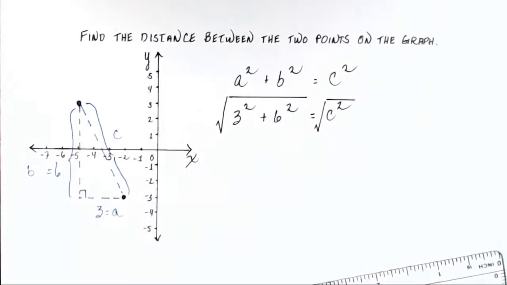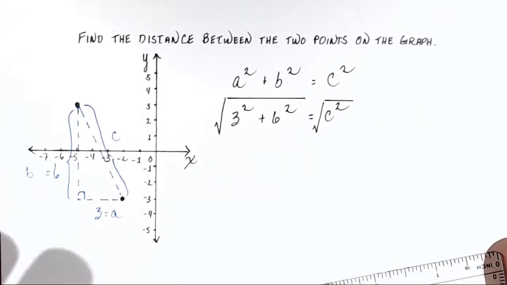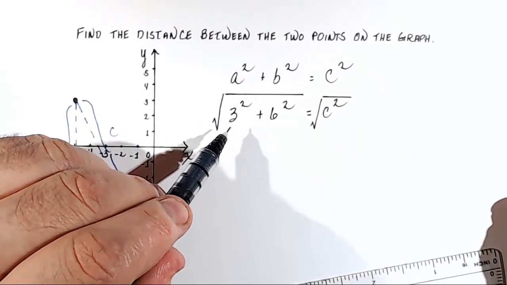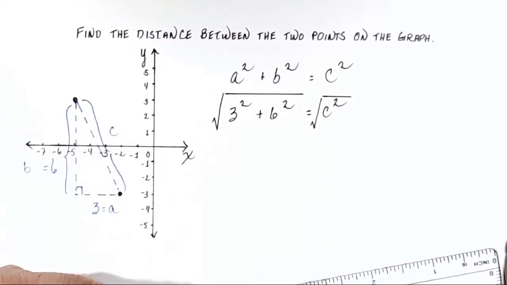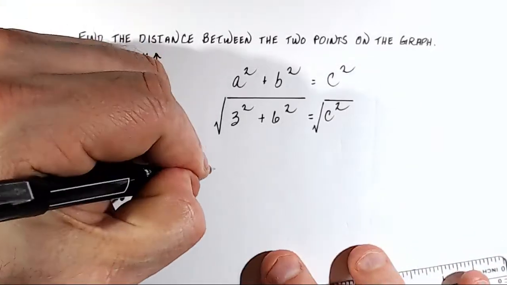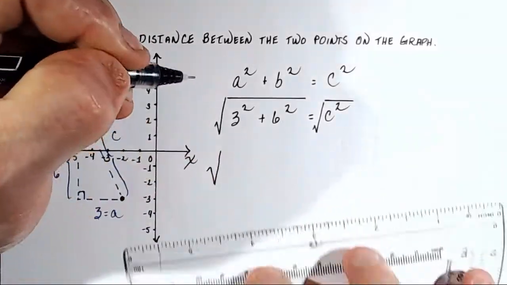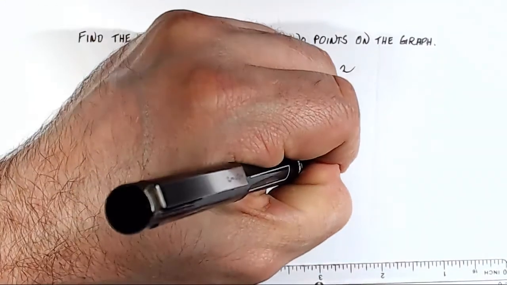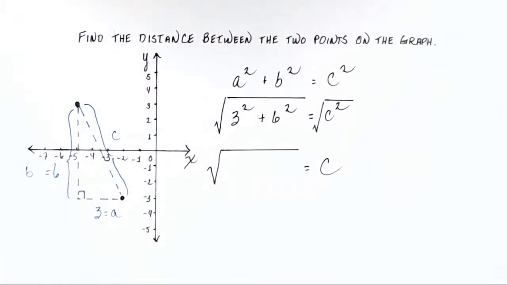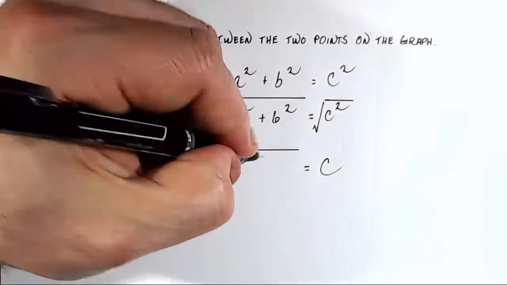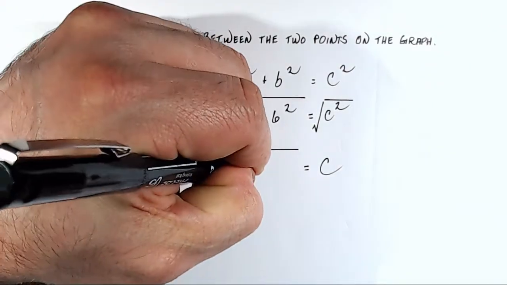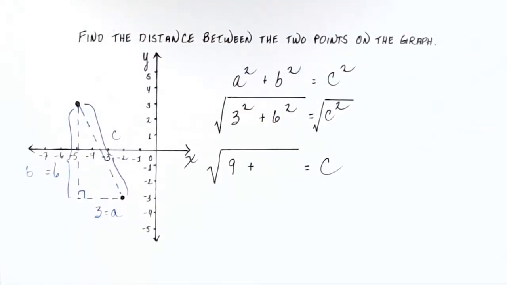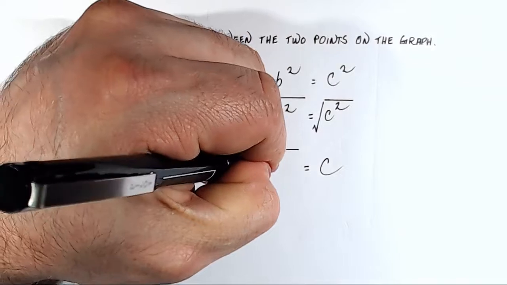Let's do the inside first. What is 3 squared? 3 squared is 9. So let me draw this square root symbol again. I now have this equal to c. Okay. 3 squared is 9 plus, what's 6 squared? 6 times 6 is 36.